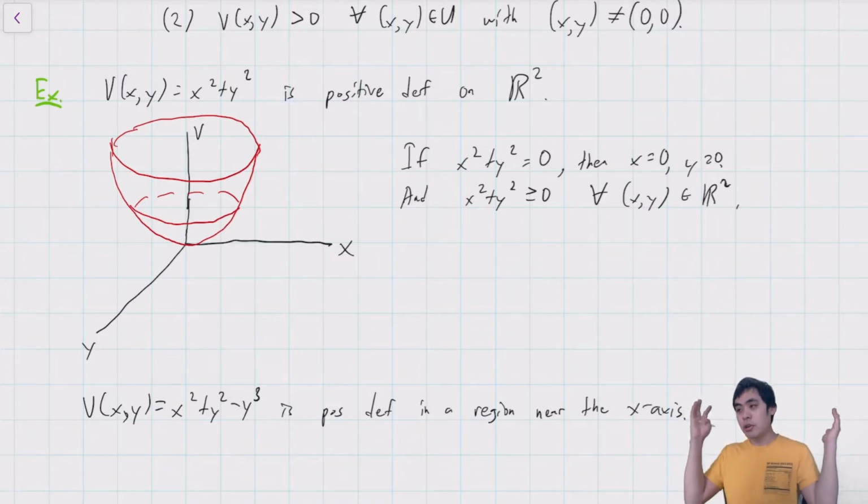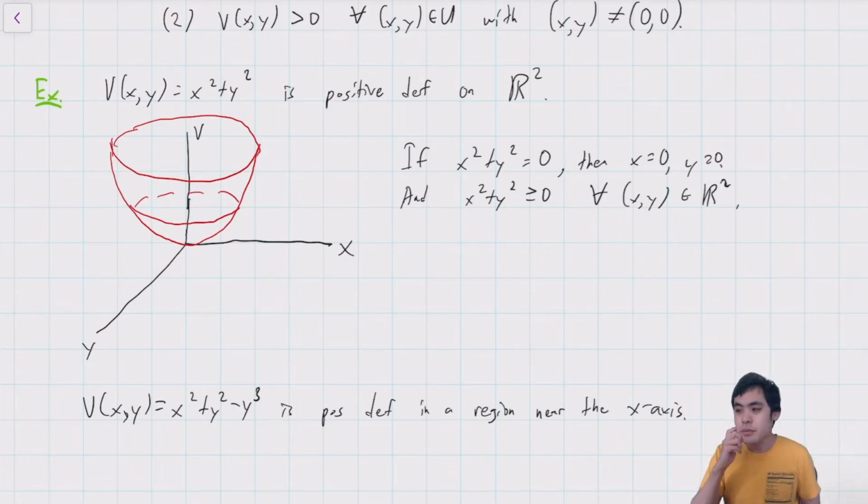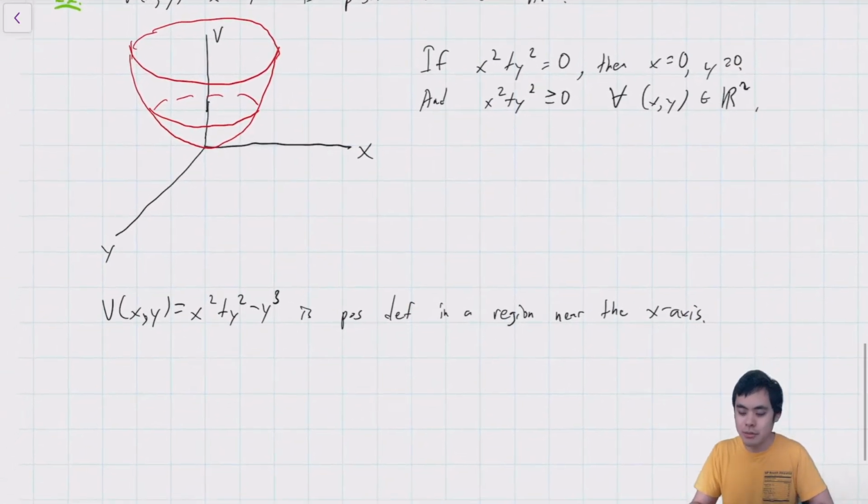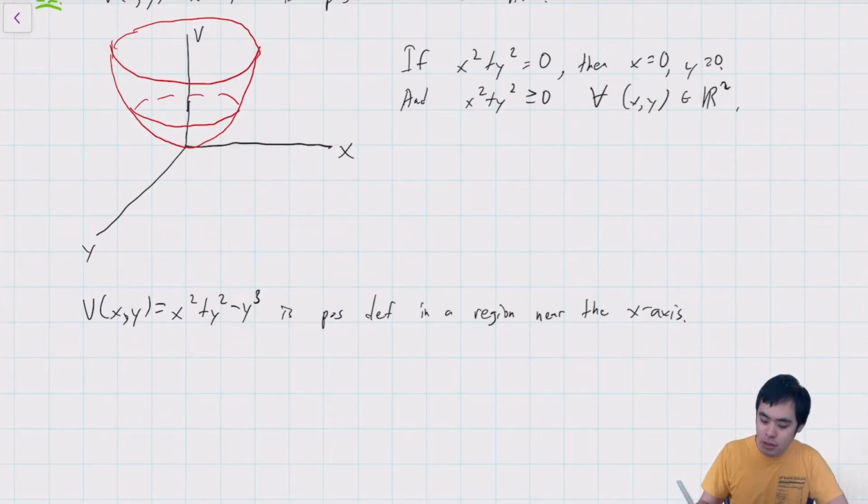Once you allow y to start getting big, then the problem is that it can go negative. But in a close enough region of the x-axis, this is positive definite. With a little bit more work, we could put actual constraints on it, but we're not going to worry about those right now. And let me give a couple examples that aren't positive definite, though.